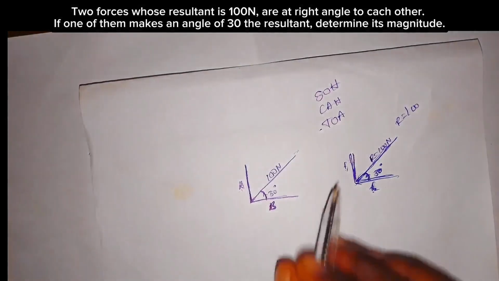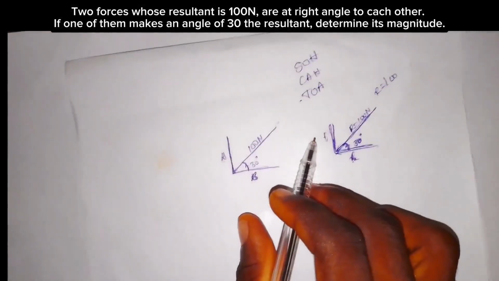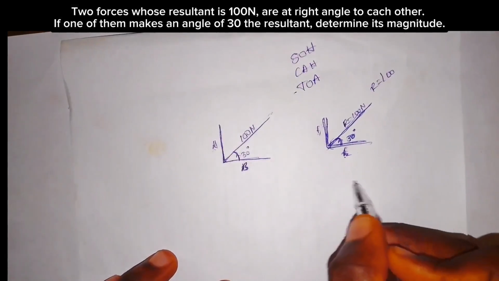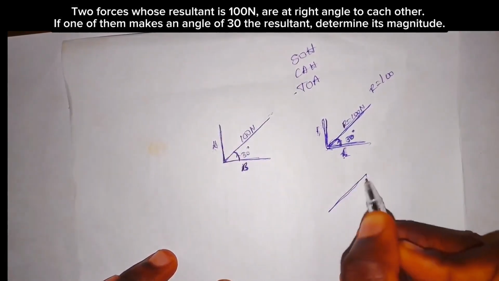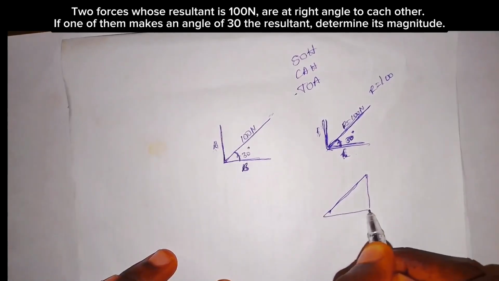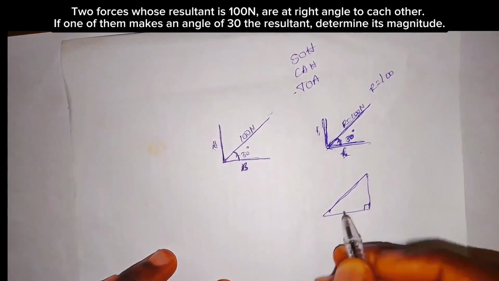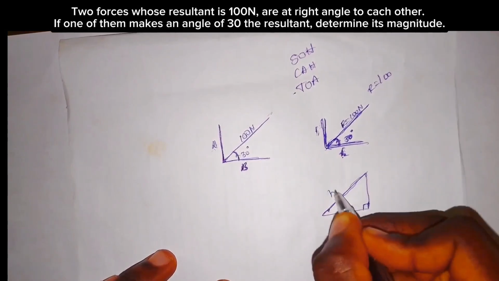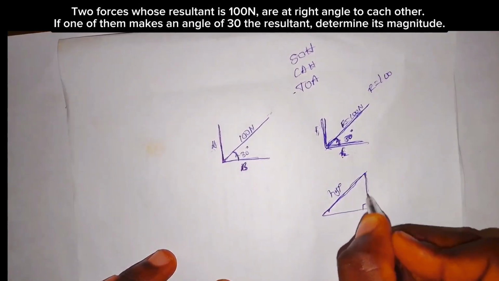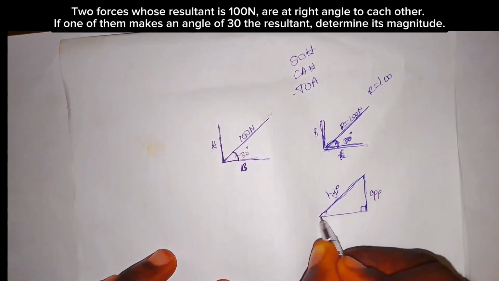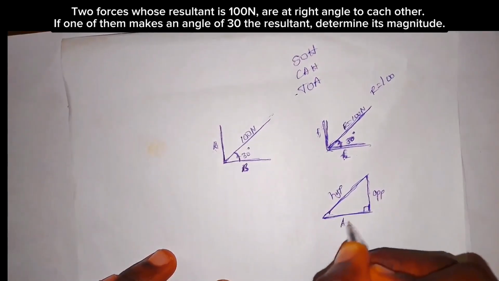Now, remember, in a right angle triangle, this long line is the hypotenuse, then this one is the opposite, while this one is the adjacent line.